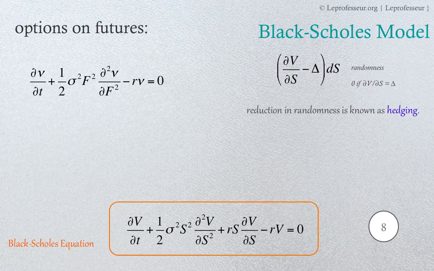Instead of capital V, we are now using another variable called nu, okay. And nu is the value of that option on the future. And the future price and the spot price are related by this equation: e to the power R(T_F minus T) times the spot price, all right.